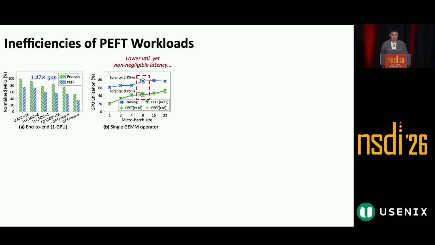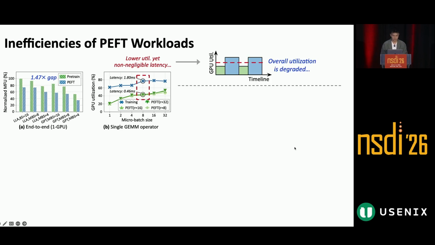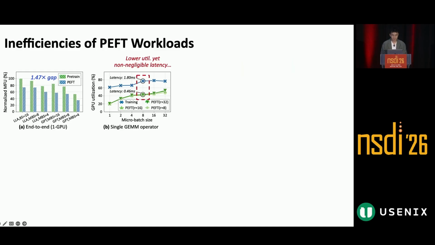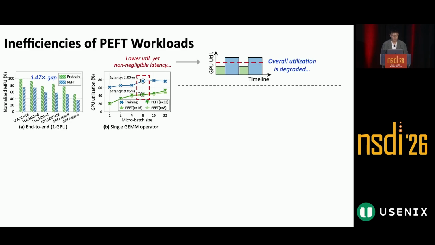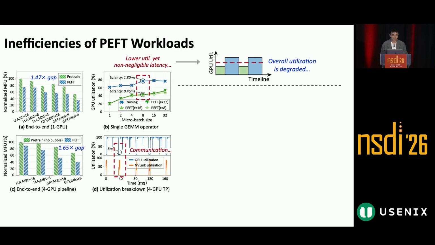This originates from the small-scale operators introduced by PEFT algorithms, such as LoRA's down projection with rank of 8, which has lower operator utilization but non-negligible latency. Besides, some PEFT corpora generally feature shorter sequence lengths and smaller batch size, such as short text generation. In consequence, the average hardware utilization is degraded.